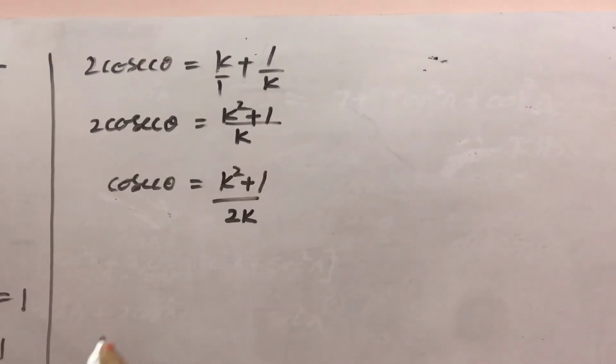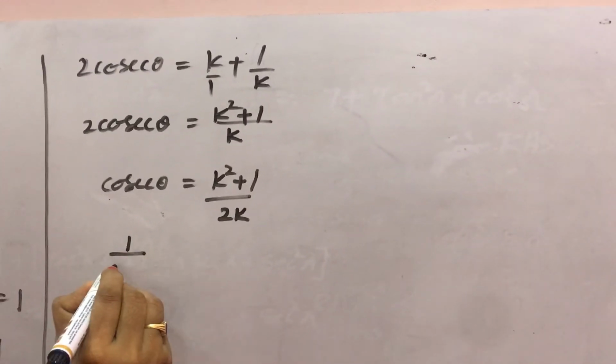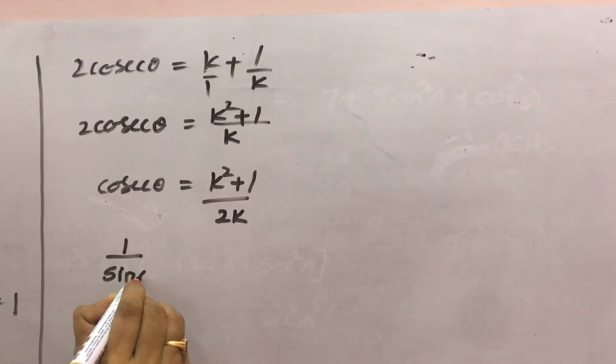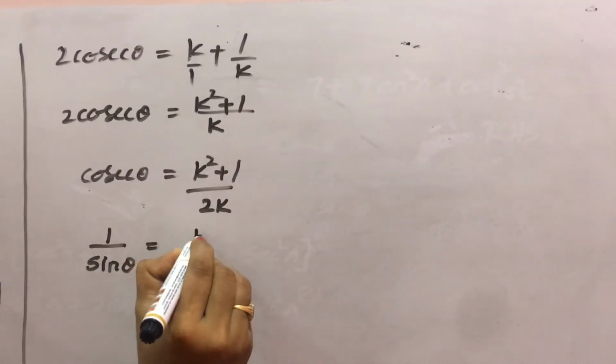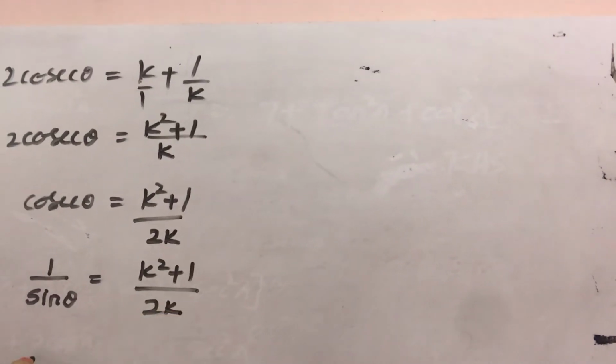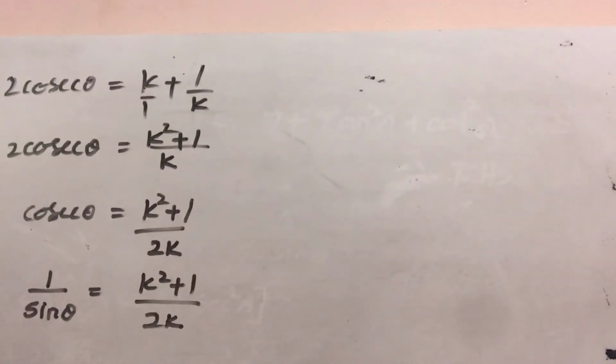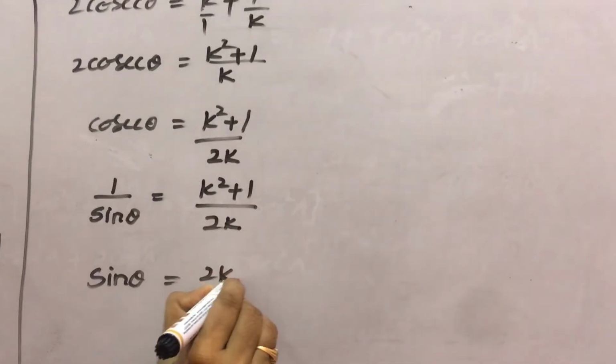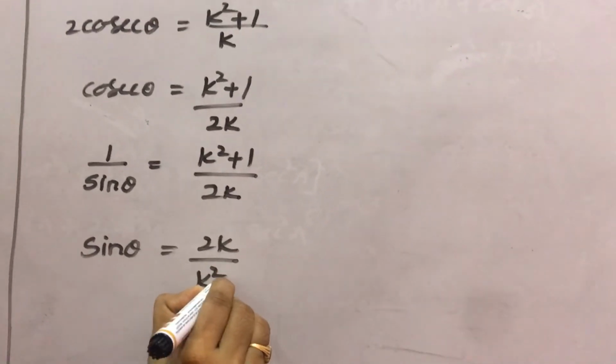We know cosec theta and sin theta are the inverse functions. In place of cosec theta, we can write 1 by sin theta, which is equal to (k square plus 1) by 2k. Sin theta is equal to, now we will get 2k by (k square plus 1).